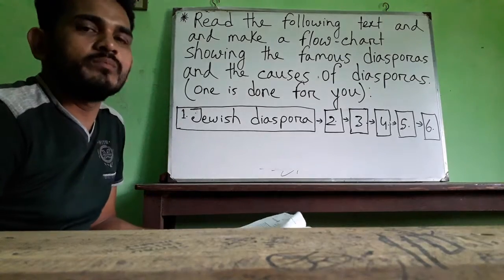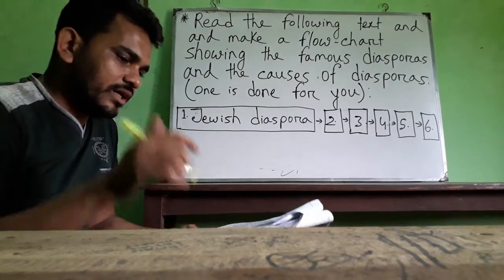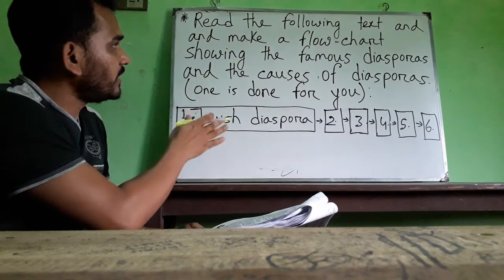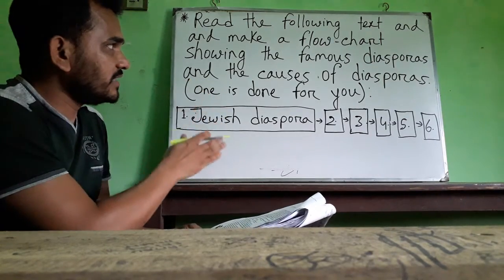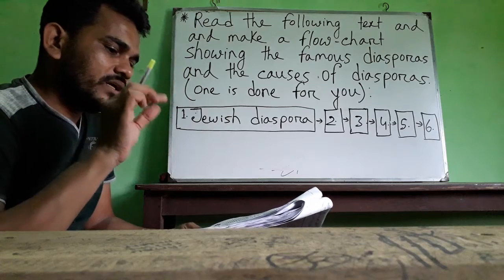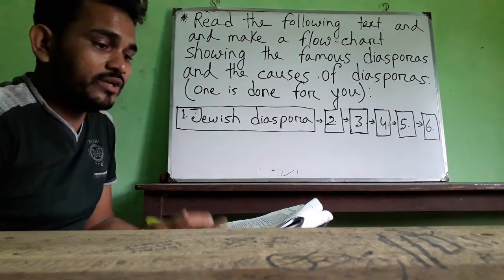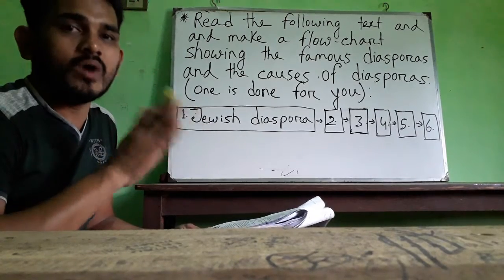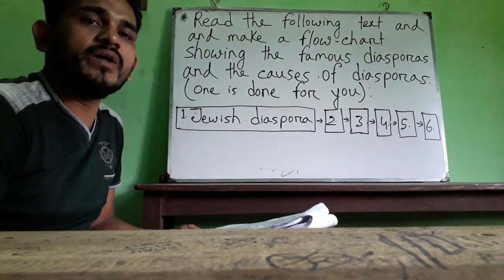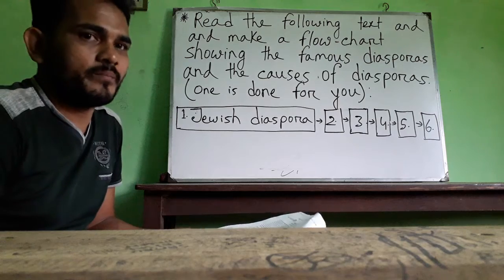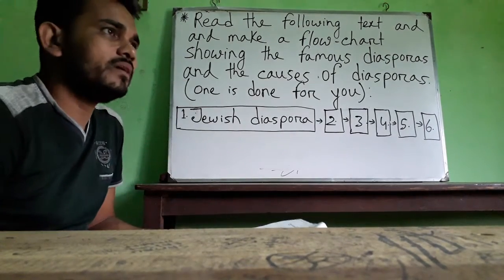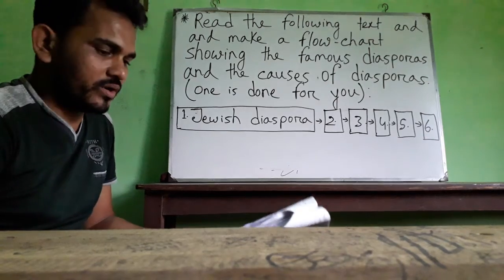In your textbook, in the new book, the passage is in unit 9, lesson 1. The name of the unit is diaspora, and the name of the lesson is what is diaspora.